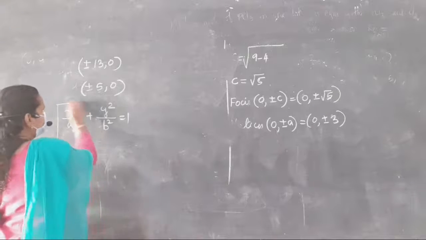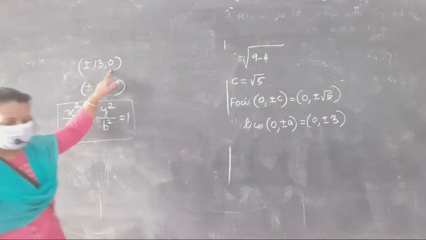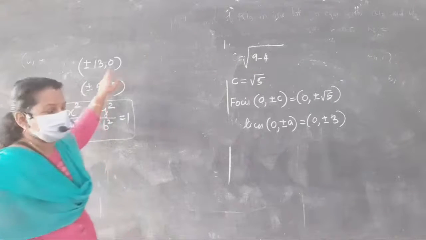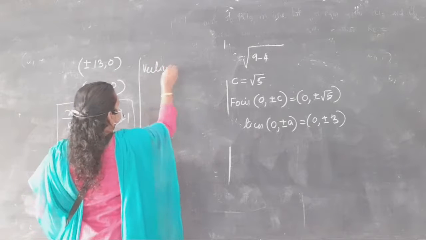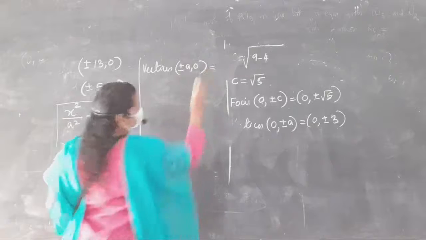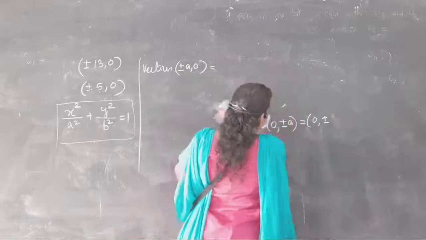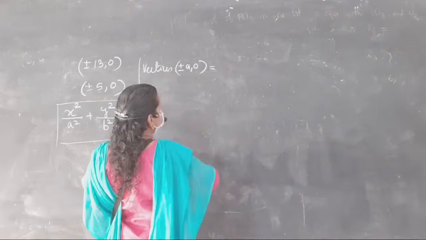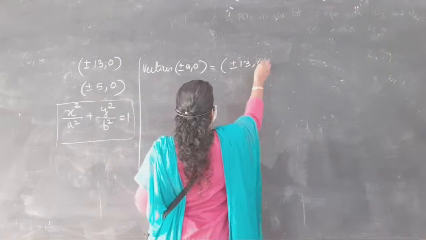ഇതാണ് നമുക്ക് വേണ്ട ഇക്വേഷൻ. ഇത് നമുക്ക് തന്നിട്ടുള്ള എന്തൊക്കെയാണ്? ഫോക്കി തന്നിട്ടുണ്ട്, വെർട്ടിസസ്. Then vertices plus or minus a, 0. Given vertices plus or minus a, 0 equal to plus or minus 13, 0.